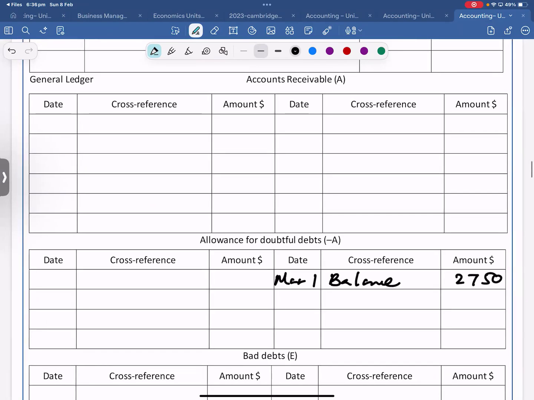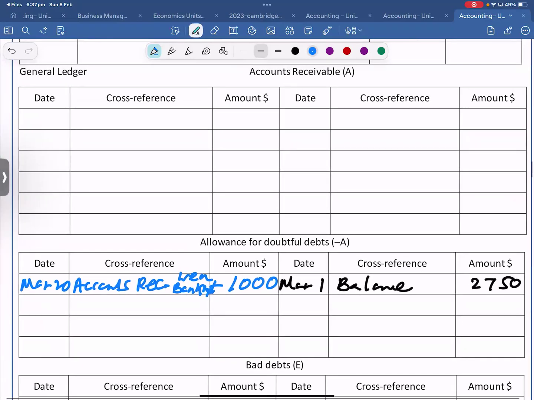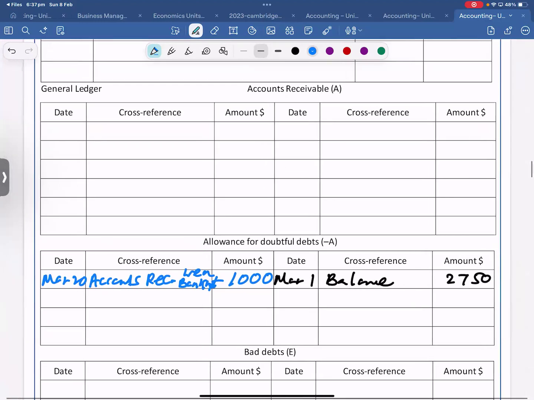Then we debit, March 20th, accounts receivable, when bankrupt, you have to write their name. How much is it, guys? 1,000. Okay, that's it for the allowance for doubtful debt account so far.